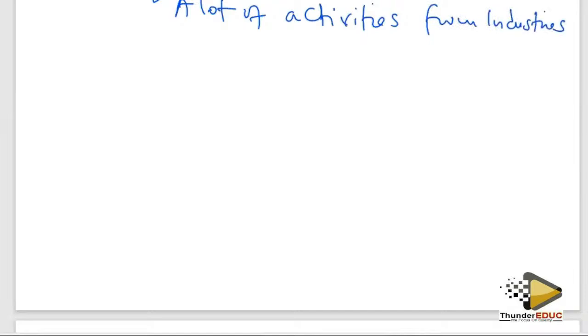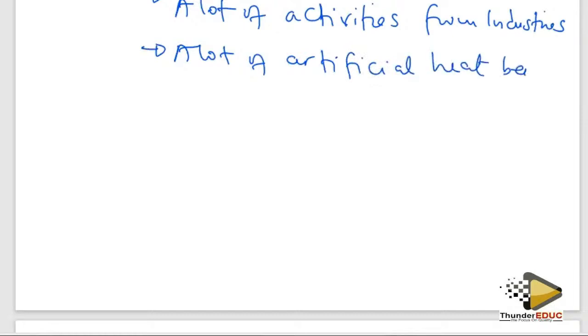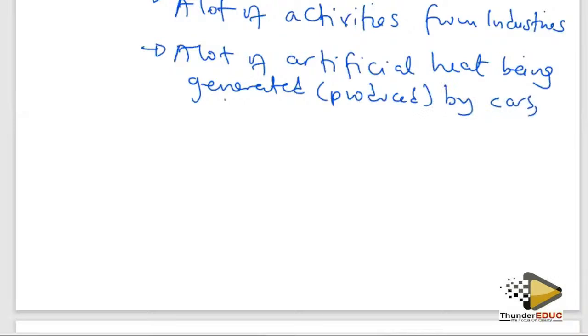So you could say a lot of activities from industries, a lot of artificial heat being generated or produced by cars, less during nighttime, because we know during day all of us are in the urban area, which results in a lot of heat being produced or generated, and as well there are a lot of lights during daytime, which produce more heat during day.